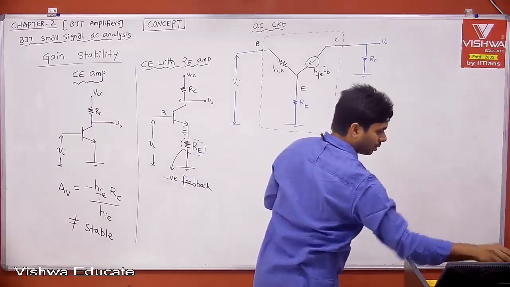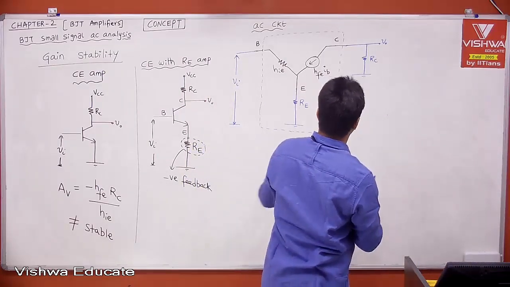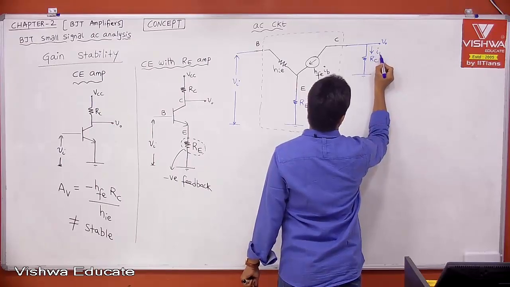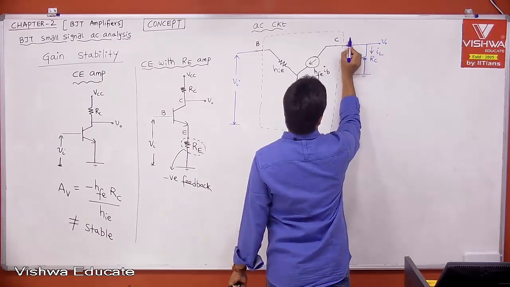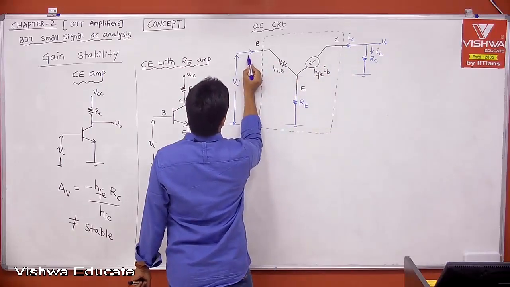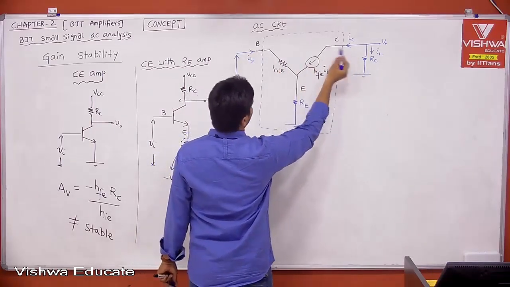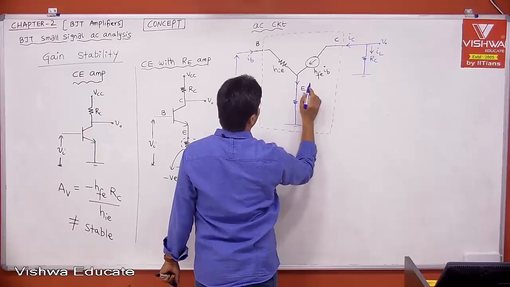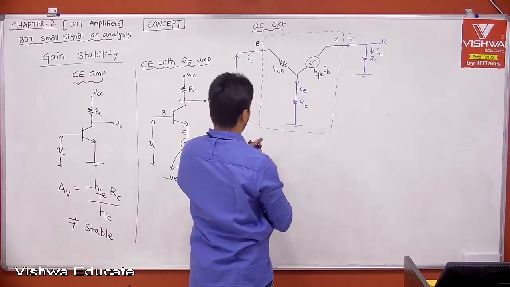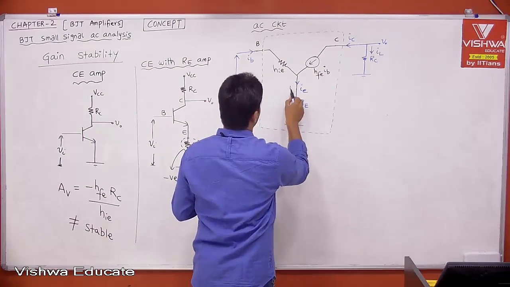With respect to the load, this is your load current IL, and the current entering is actually your collector current. This is base current, this is collector current. Now we need to represent the emitter current. This is your emitter current IE, at the emitter terminal.